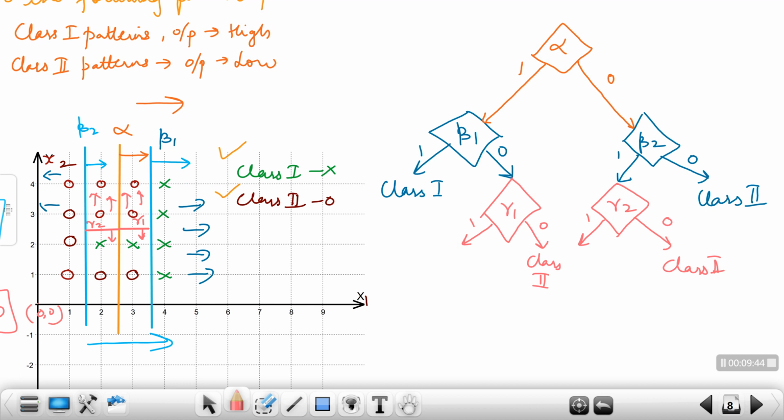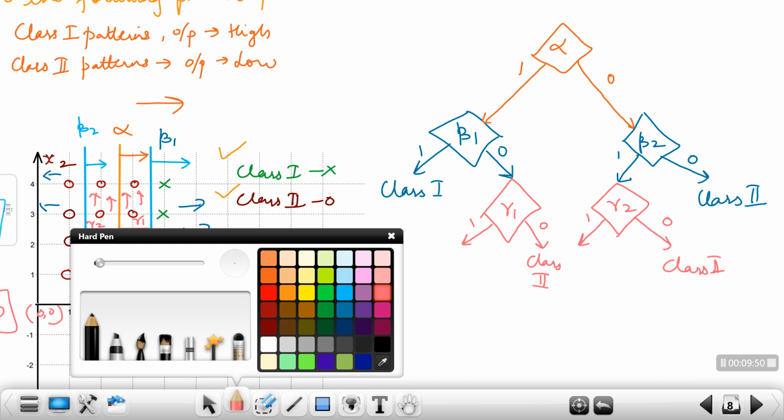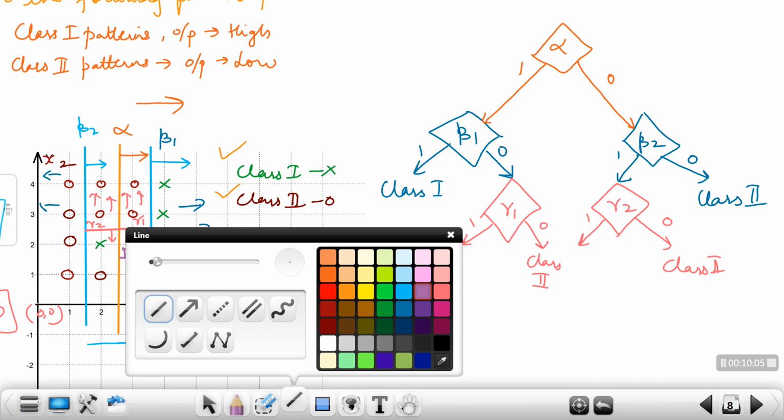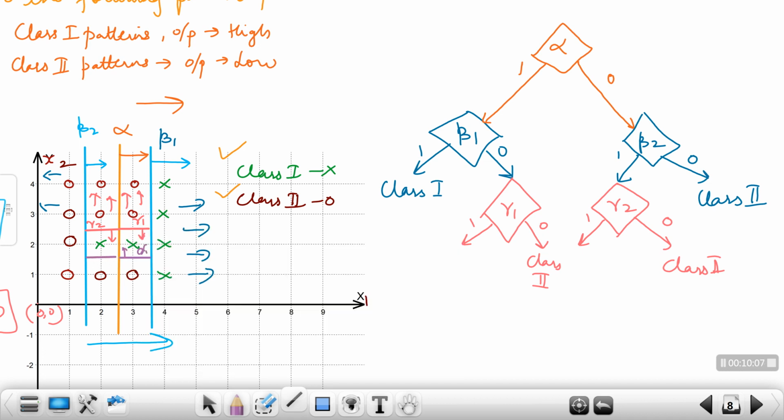Now on this positive side we will have to select one more line that will be coming in step 4, and obviously, as seen here, you can select the same line. So here I can take this line. I name this line delta 1, and I also need one more line for the other side.